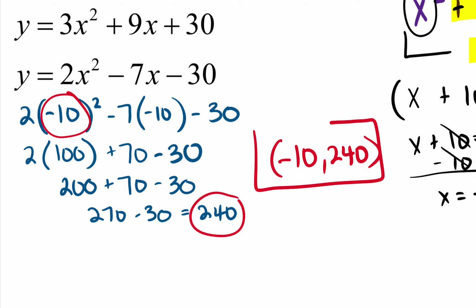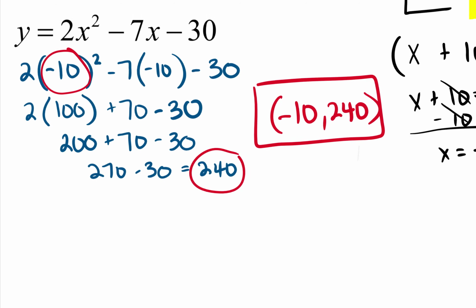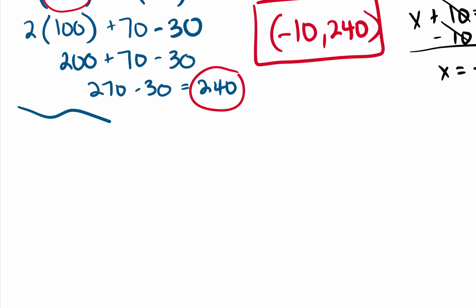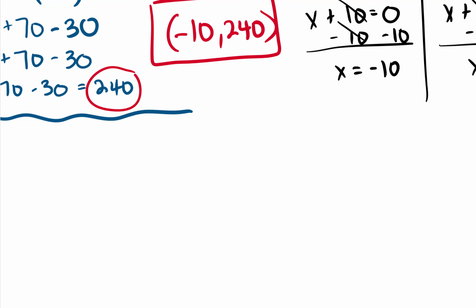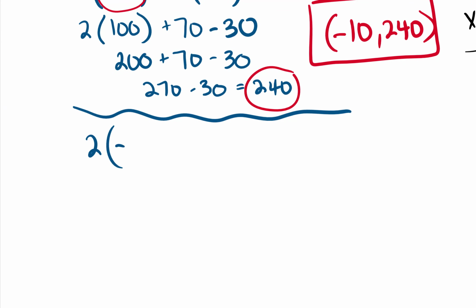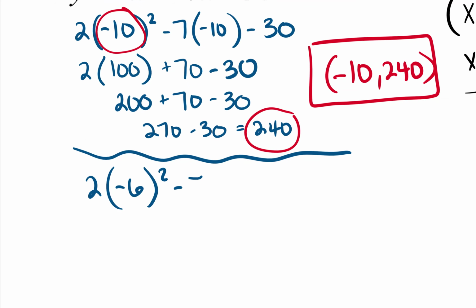That's one answer. Now I plug it in my other one and find the next one. So my next one is what, negative 6? Okay. Minus 7 times negative 6 minus 30.